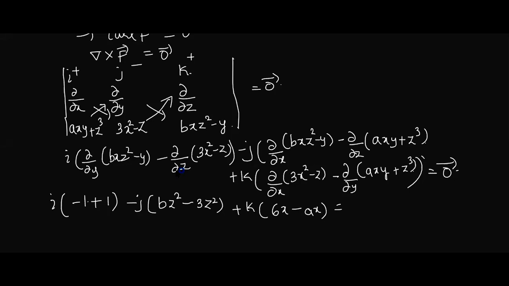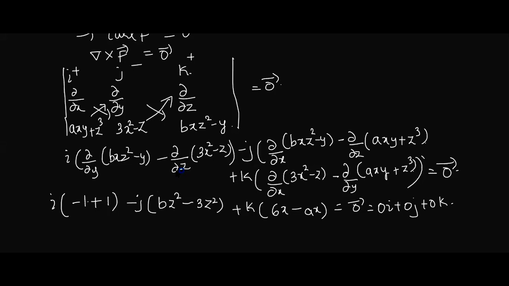Now this 0 vector, I will write it as coefficients of ijk. What are the coefficients of ijk if it is a 0 vector? 0i plus 0j plus 0k. Now here I'll not take the i part because already this is 0.